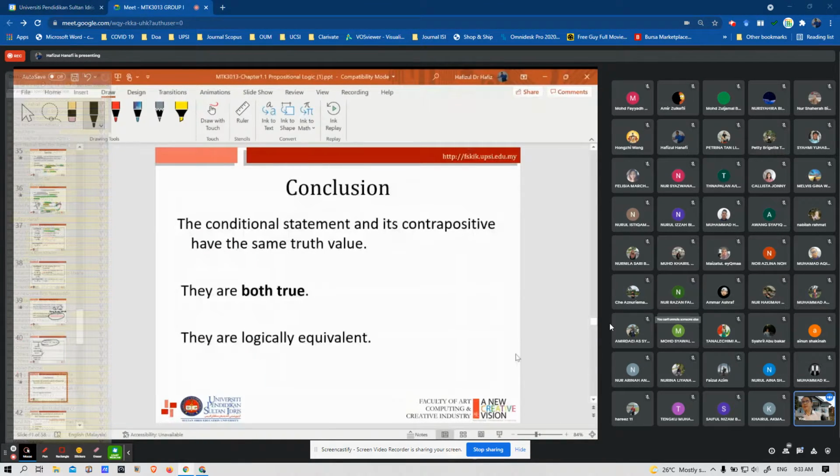As a conclusion, a conditional statement and its contrapositive have the same truth values. Later we will discuss this. They are both true, so they are logically equivalent.